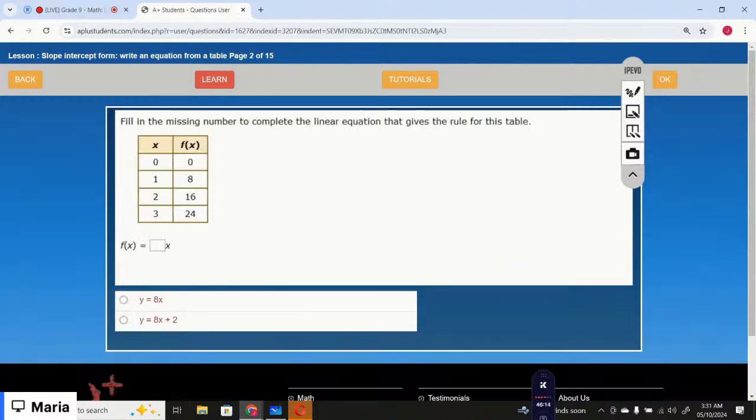Okay, the next one is fill in the missing number to complete the linear equation that gives the rule for the table. So which is the correct option? The y-intercept is 0, right?